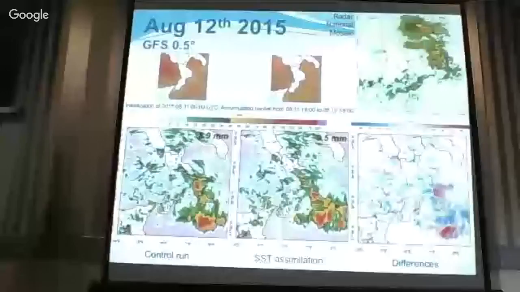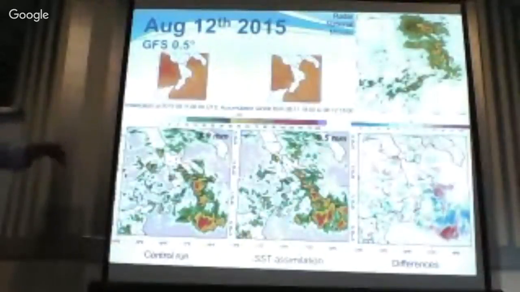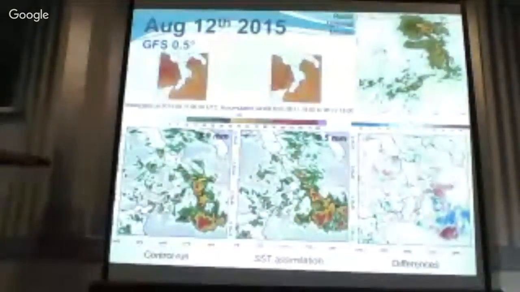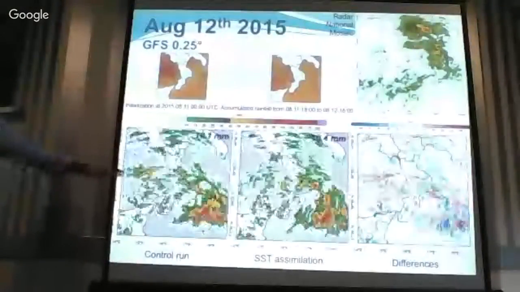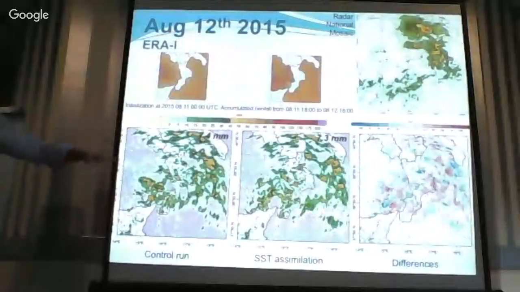From the sequence, you can see that most important, more than the SST boundary condition, as expected, I would say, is the input from the global model. In fact, you can see that precipitation goes northward from slide to slide, let's say.